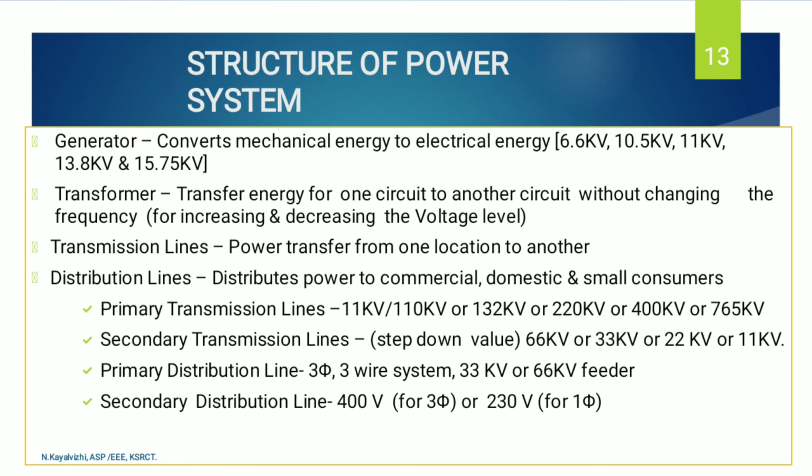We also have primary distribution and secondary distribution. The primary distribution is a 3 wire system with a 33 kV or 66 kV feeder, used by industries or companies. The secondary distribution is 400 volts for three phase and 230 volts for single phase, for the consumers.